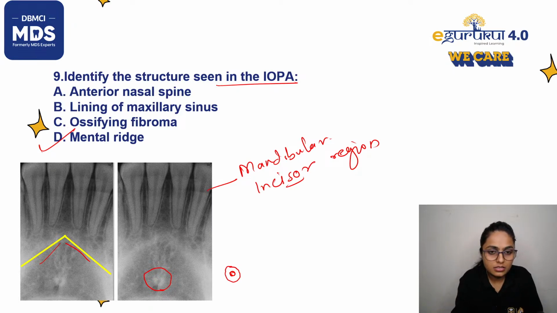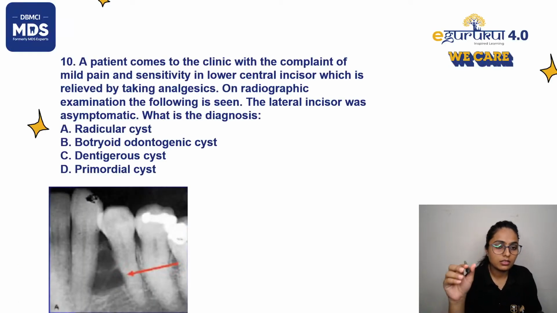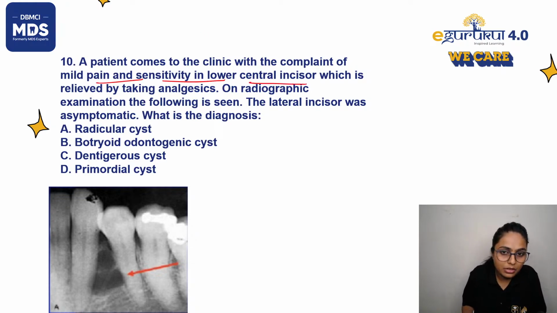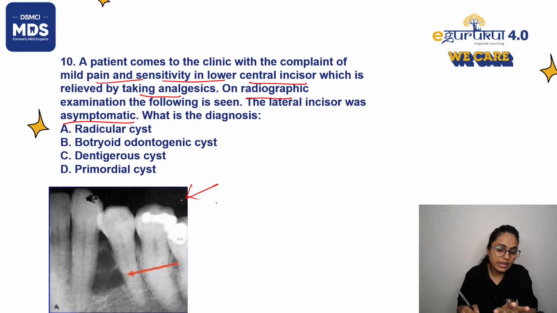Okay. Next, last question for the day. A patient comes to a clinic with a complaint of mild pain and sensitivity in the lower central incisor, which is relieved by taking analgesics. On radiographic examination, the following is seen. The lateral incisor was asymptomatic. What is the diagnosis? They can give you just a radiograph and ask you to identify the entity.